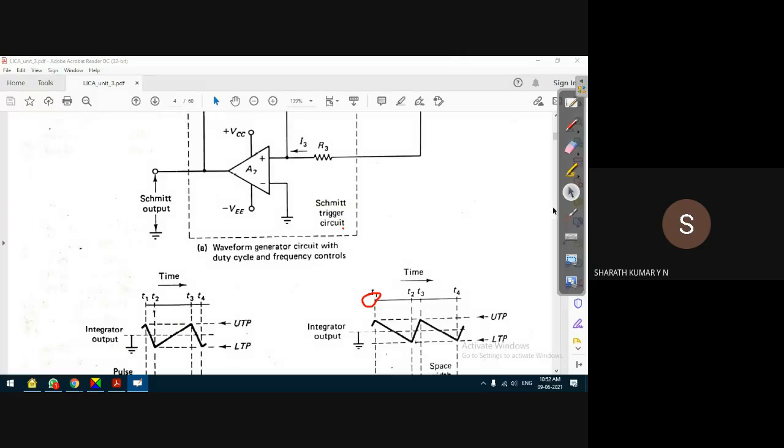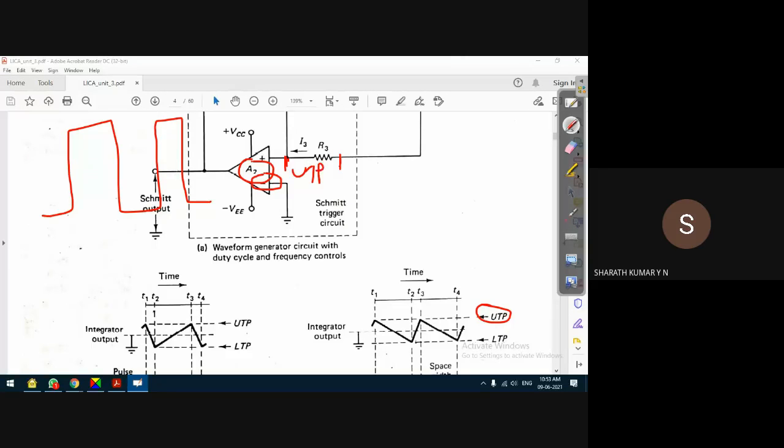When the integrator output is positive, the voltage drop across R3 is also positive, obviously. And when it is negative, the voltage drop across R3 is also negative. Since the voltage at the inverting input terminal is negative, when the voltage drop across R3 is slightly greater than UTP, the output of the Schmitt trigger circuit is going to change state from positive saturation to negative saturation. So that triggering point is called UTP.